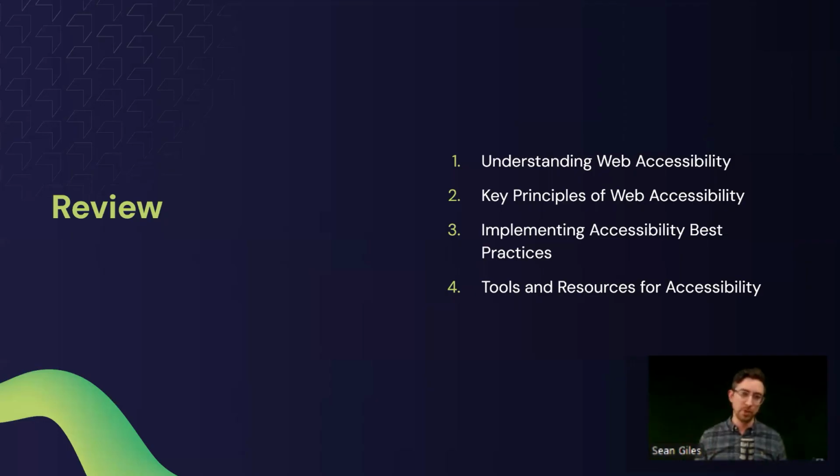And then the tools and resources we talked about. Have a look at the screen readers, NVDA and VoiceOver if you've got a Mac, the Wave plugin tool, Google PageSpeed Insights, which also gives you accessibility scores, and the color contrast checker. If you use Wave or PageSpeed Insights and it says the color contrast isn't right on this image, section, or call to action, you can put the two colors into the checker and adjust them until you reach sufficient contrast.